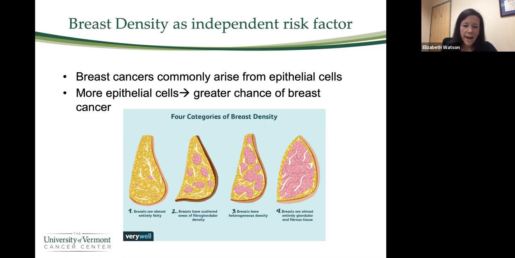But you'll see as the density increases in those four categories, which we previously discussed, and you get all the way to the right side of that graphic, we can see in an extremely dense breast, there's a lot of epithelial cells. And because there's more of these cells, there's a greater chance of breast cancer developing. And so that's thought to be the reason why breast density is an independent risk factor for breast cancer.